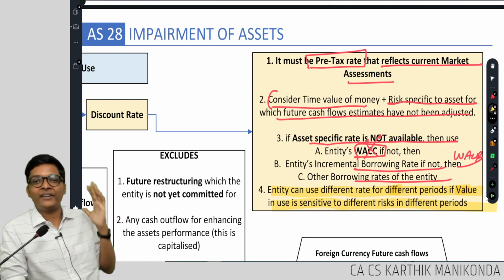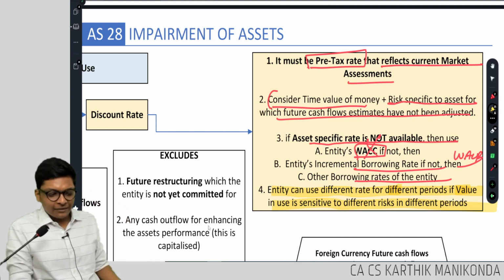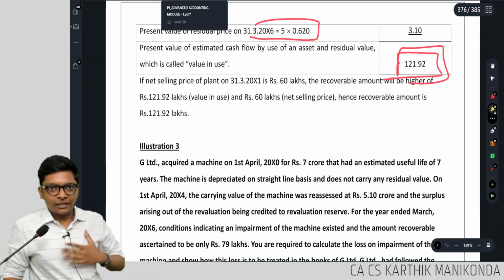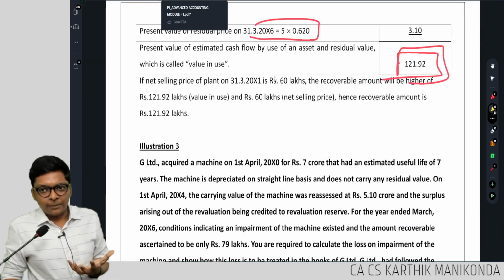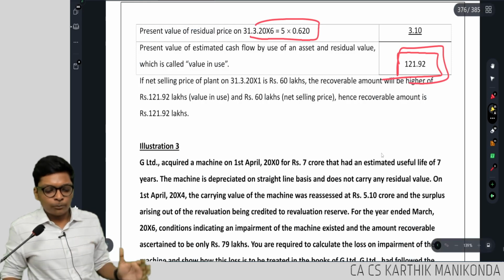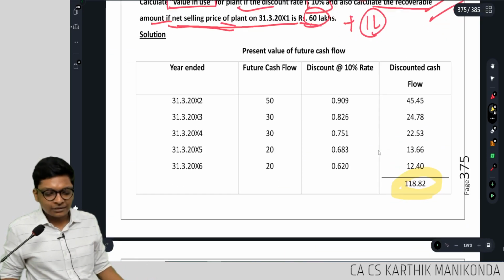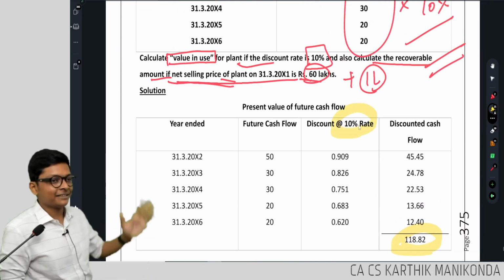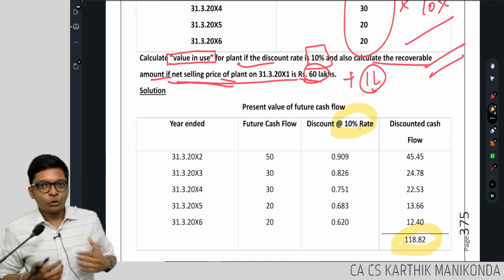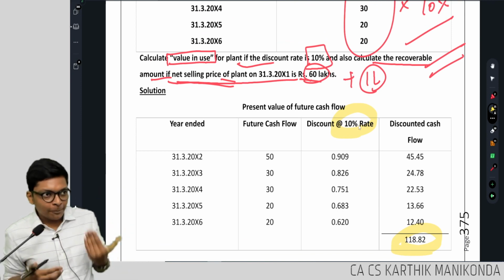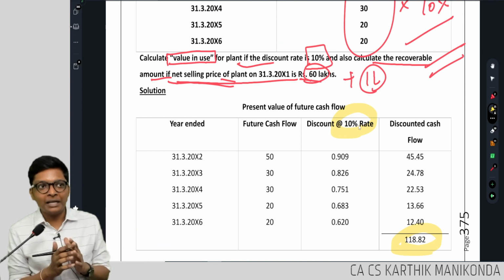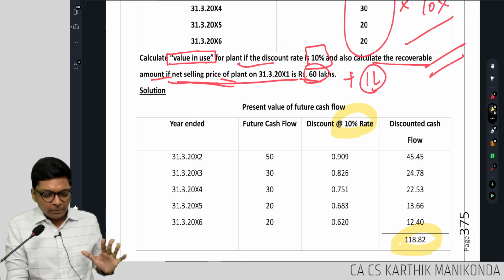I will give you some from final book for practice, but in our exam, so far in Inter, or first time in Inter it's coming, but so far in exam or the book from the trend, how they will ask discount rate, he will give like this, 10% saved. You don't have to worry about anything. But suppose in MCQ, if he is giving you multiple rates, what to remember for exam?